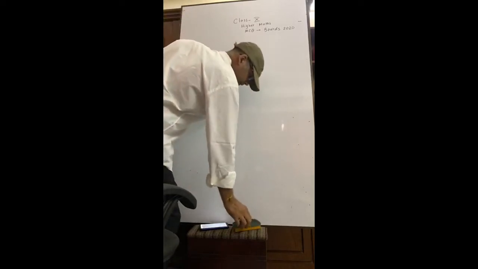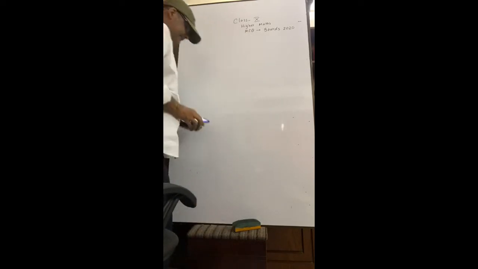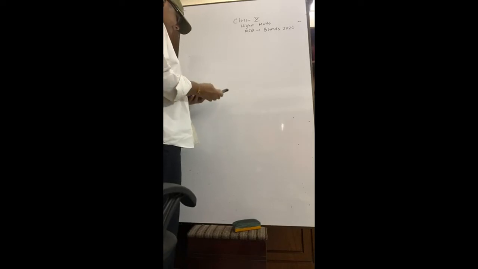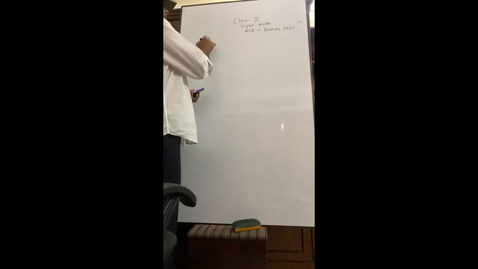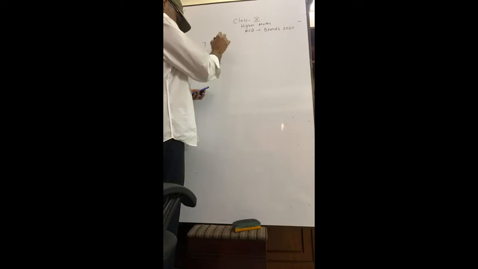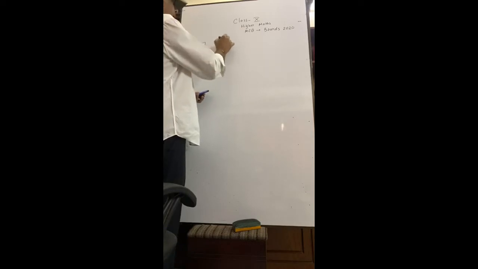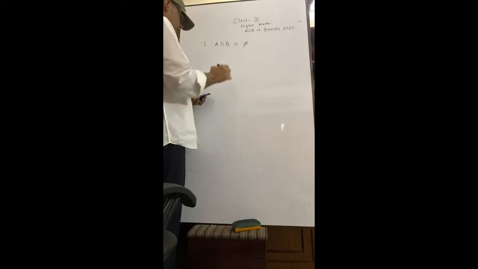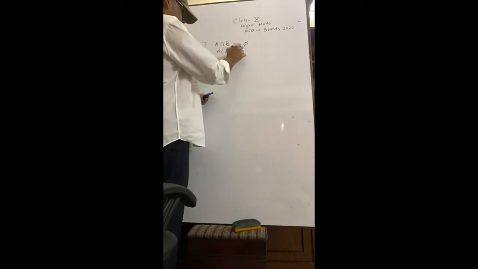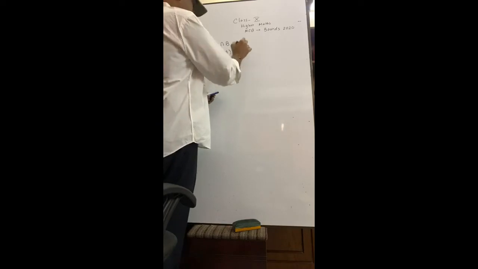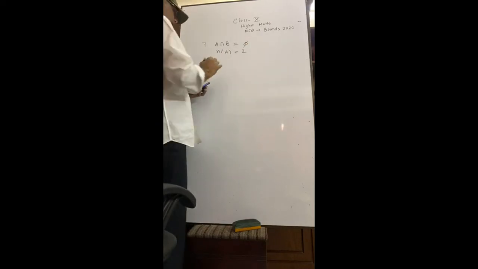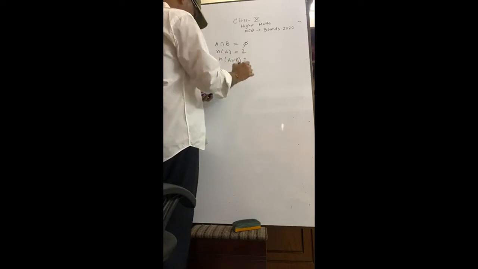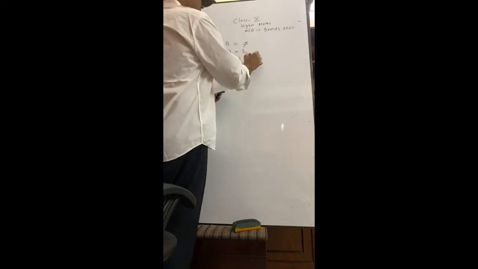Question number 7. A intersection B is an empty set. N of A is equal to 2. N of A union B is equal to 10.